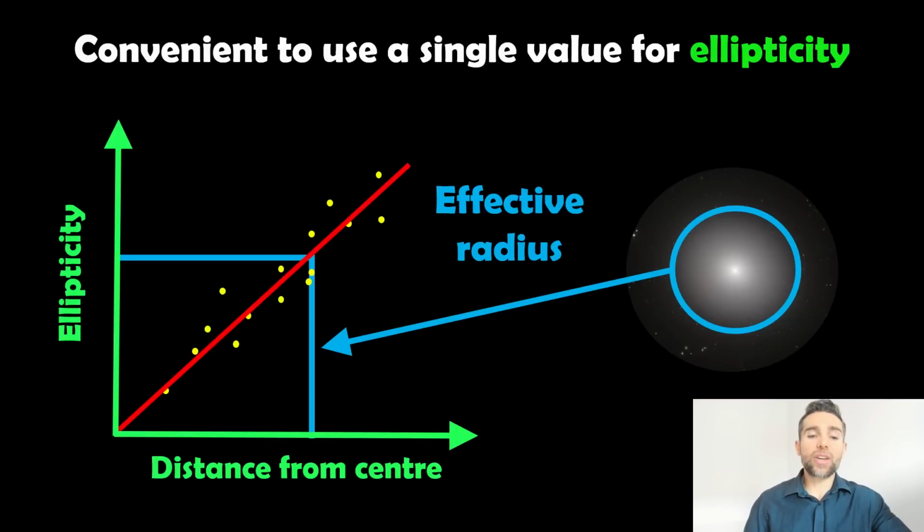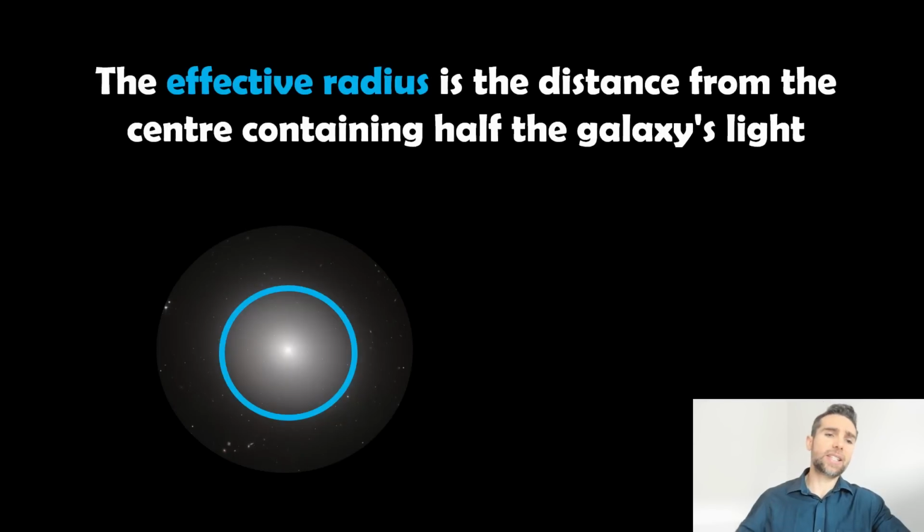Now, it's quite convenient to calculate a single value for a galaxy. We can calculate the profile, but for convenience's sake, we might want a single value of ellipticity for that particular galaxy. So what we would do here is calculate the ellipticity at the effective radius. So what's the actual effective radius? Well, the effective radius is the distance from the centre that contains half of the galaxy's light.